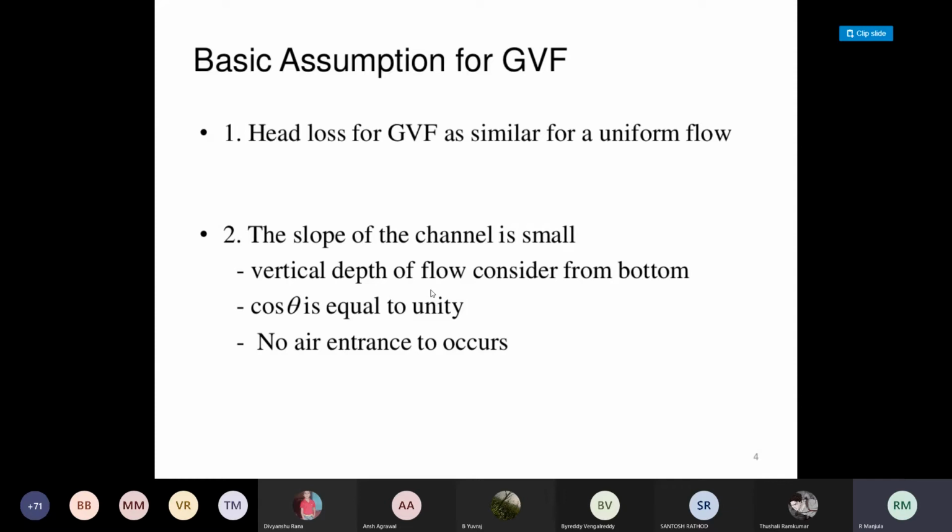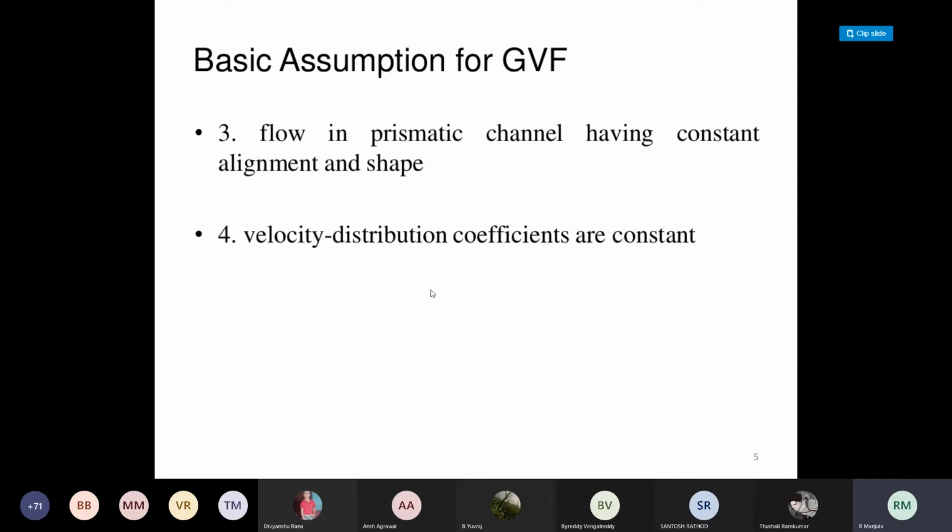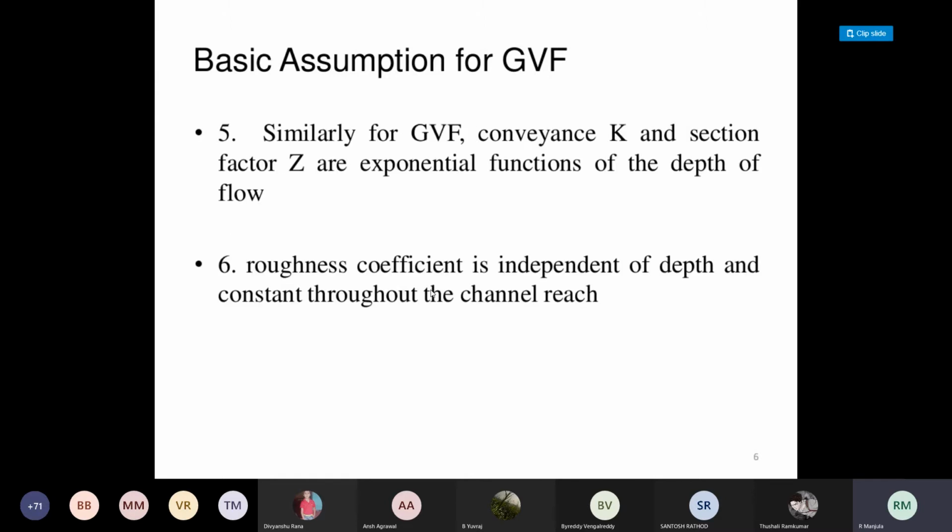So we consider the channel slope to be very small. The flow is in a prismatic channel, which has constant alignment and shape, and the velocity distribution coefficients are constants. These are some of the assumptions made in gradually varied flow. Conveyance factor and section factor are exponential functions of the depth of flow.